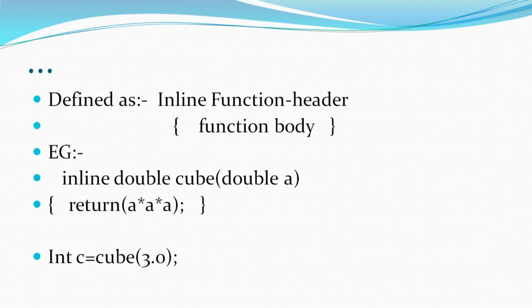But when the statements in the function body keep increasing, the inline function will lose its advantage. It won't be of much benefit. It will work as a simple function. It won't return the value as fast as it is returning now.